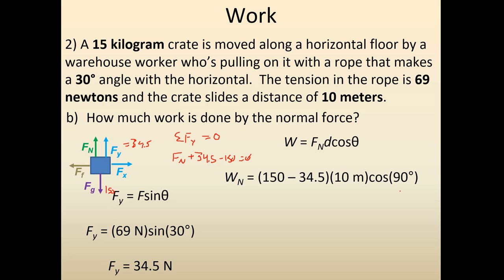Plug that in with 10 meters, and then the angle between the displacement, which again is horizontal, and this vertical normal force is going to be 90 degrees. So displacement is this direction, the normal force is this direction. That's 90 degrees. Plugging that all in, I end up getting 0 joules.